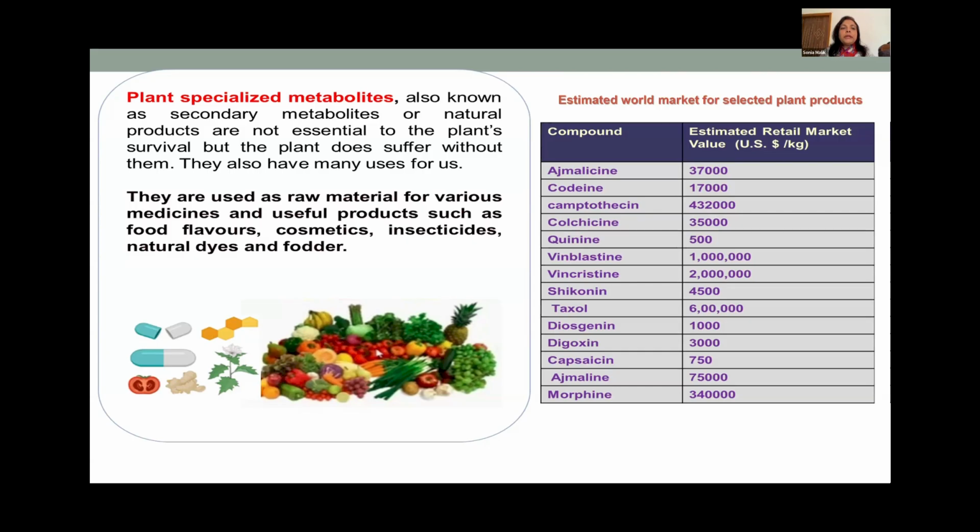And apart from those primary metabolites, plants also produce secondary metabolites, or we may call them specialized metabolites or bioactive compounds. Those are not required or essential for the plant's growth and development, but plants cannot survive without them. They are required for the fitness of the plant species to combat natural calamities or a number of diseases.